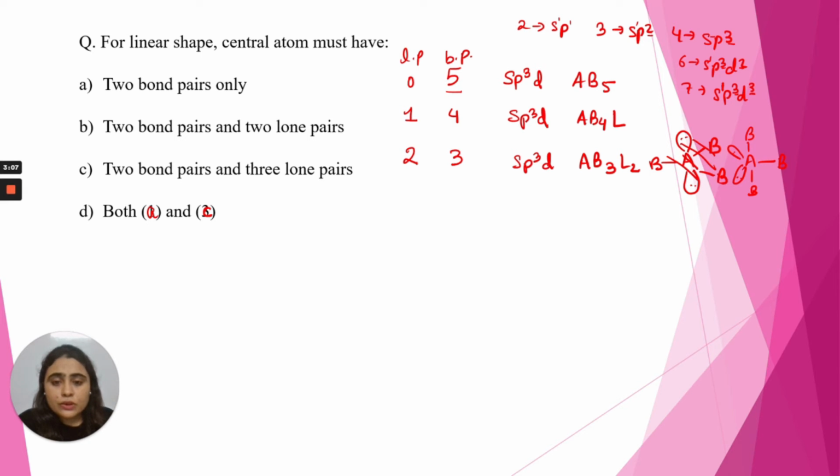Now if the lone pairs are 3 and bond pairs are 2, then also the addition will be sp3d. We have AB2L3.